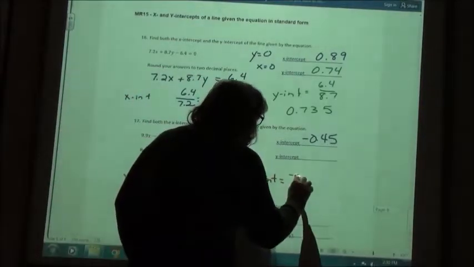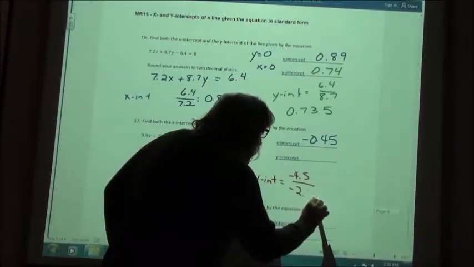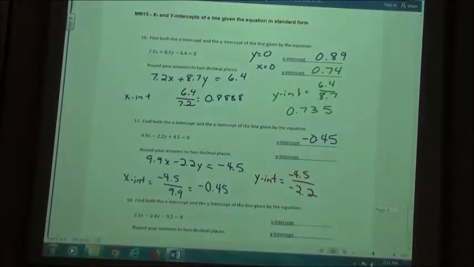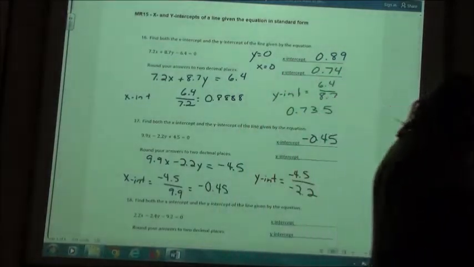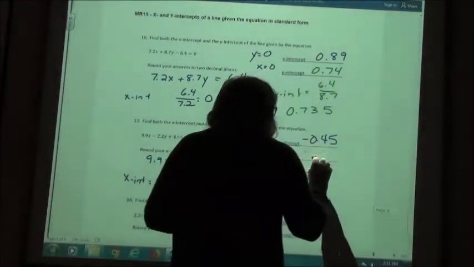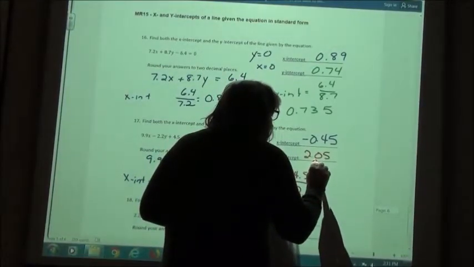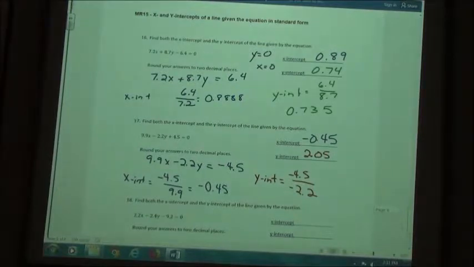I'm going to take my negative 4.5 and divide it by the negative 2.2, which is in front of my y. And I would end up with 2.05. 2.05 is what you should get when you round that off to 2 decimal places.